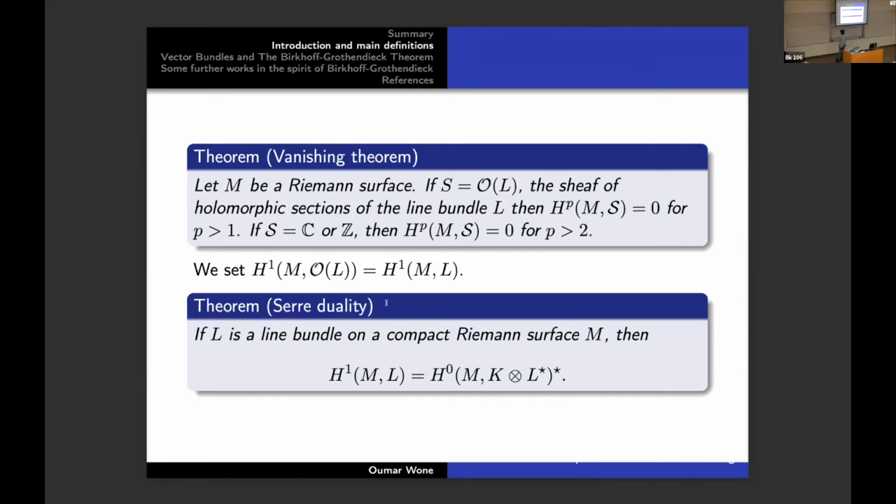Then we have the Serre duality theorem. If L is a line bundle on a compact Riemann surface, then H^1(M,L) is the dual of the space of global sections of the tensor product of the canonical line bundle with the dual of L.